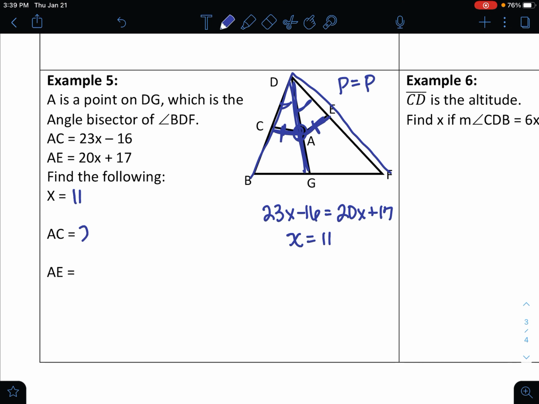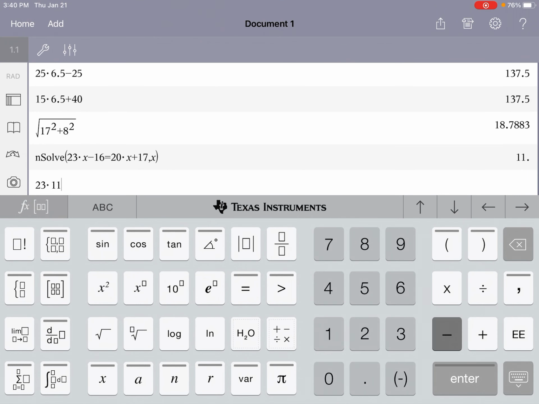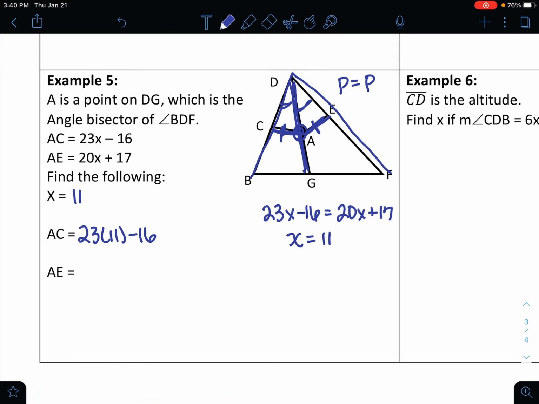And we're just going to plug it in as usual. So 23 times 11 minus 16. We get 237. And then for 20 times 11 plus 17, that'll be, yeah, that'll still be 237.